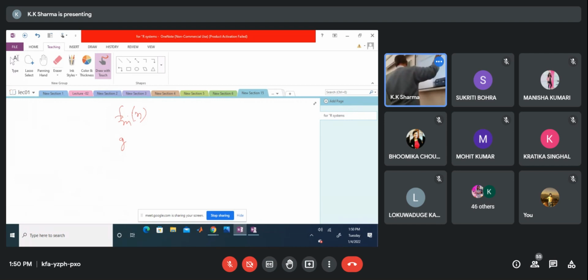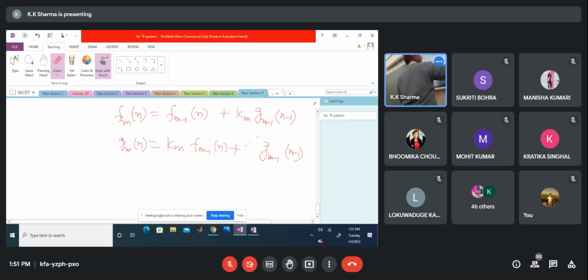f_m(n) is equal to f_{m-1}(n) plus k_m g_{m-1}(n-1). Likewise, your g_m(n) was k_m f_{m-1}(n) plus g_{m-1}(n-1).